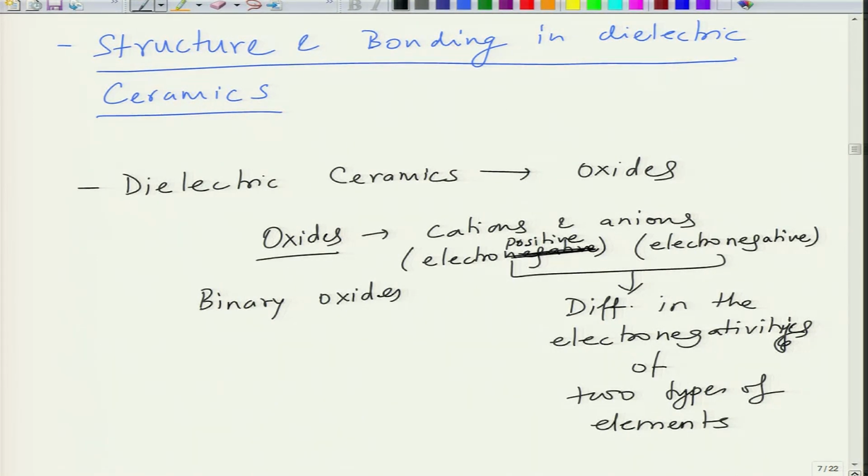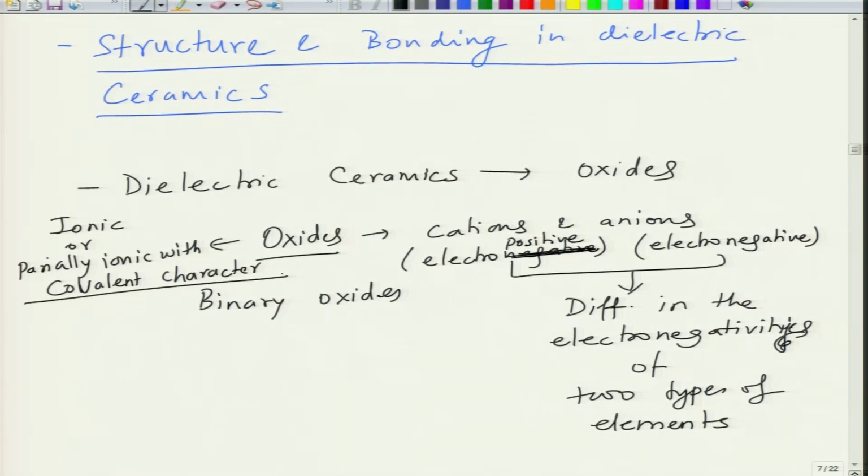So, generally oxides you will find are either covalent, either ionic or strongly ionic, or partially ionic with covalent character. So, generally this is the bonding scenario in these materials.